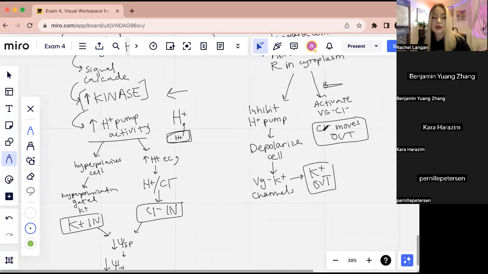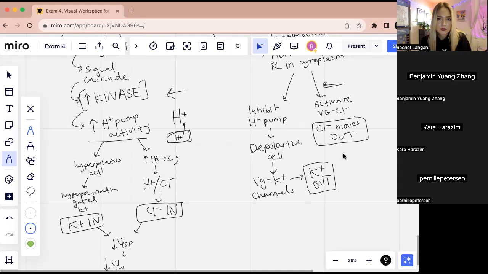So if you remind yourself, how do you know if an ion wants to move in or out? That's all about the electrochemical gradient that you calculate by using the Nernst equation and the electrical gradient to get the overall electrochemical gradient. So that is going to be a thing you will do on this test for sure.